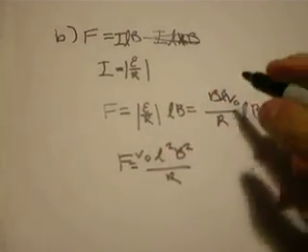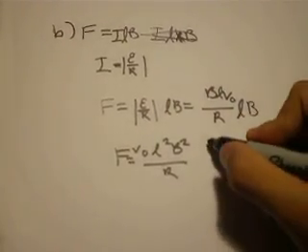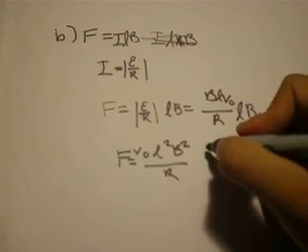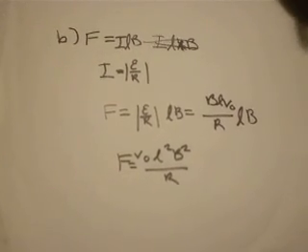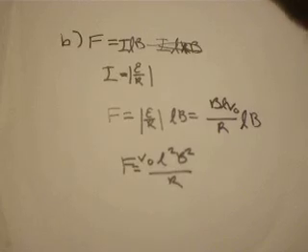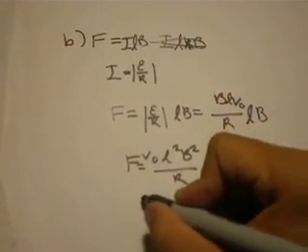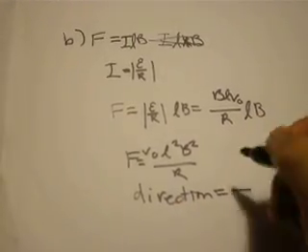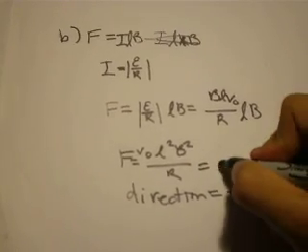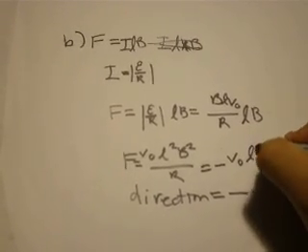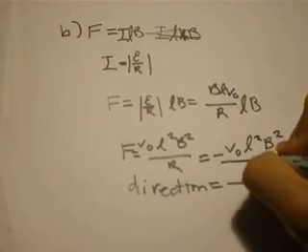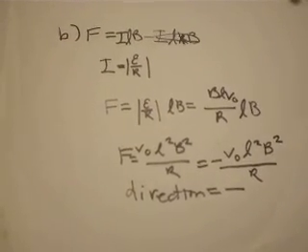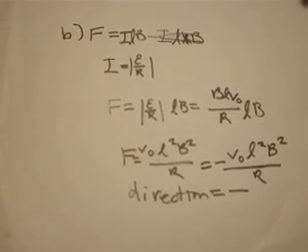We also have to say that the force is in the opposite direction of the velocity, because that's what the problem asked for. So the direction would be negative. So this number actually equals negative v naught L squared B squared all over R. Good? Okay. So it shows that the force is in the opposite direction of the velocity.